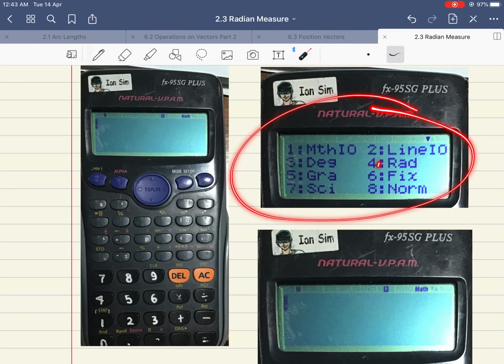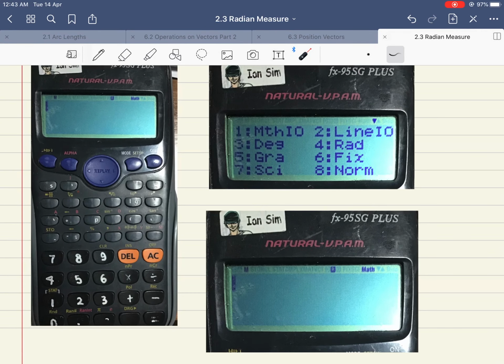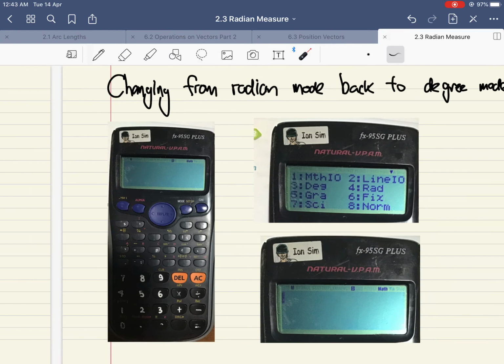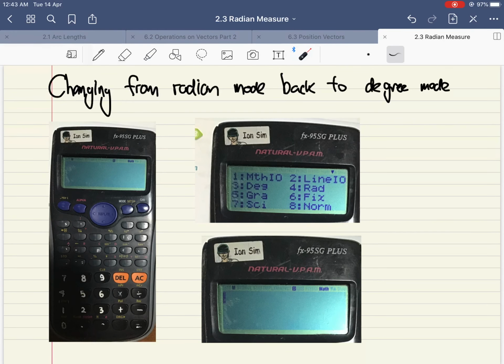Once we go to shift and set up, it brings us to this menu screen here. Then I want to press the number 4 to get radians. If you have done all the steps correctly, you look at your screen, there should be a small R inside the box there. It means that your calculator is now in radian mode.